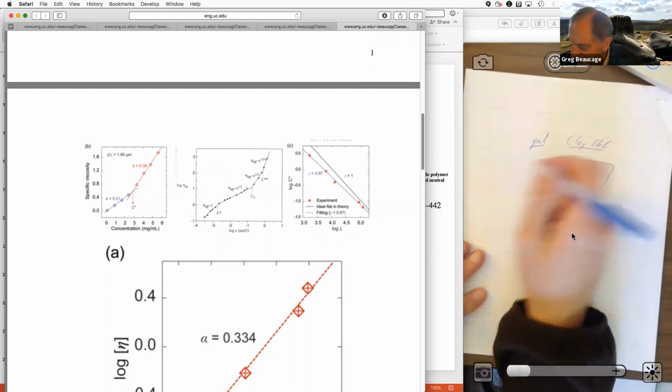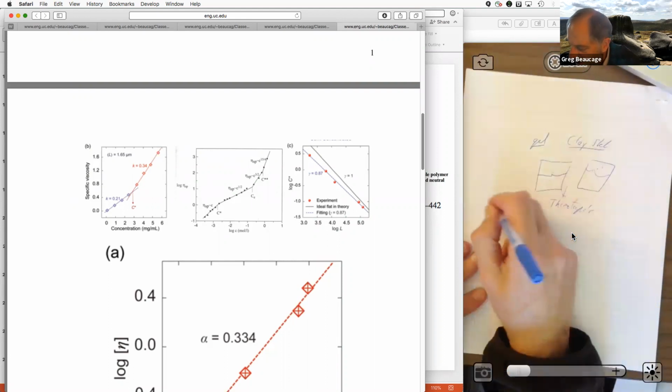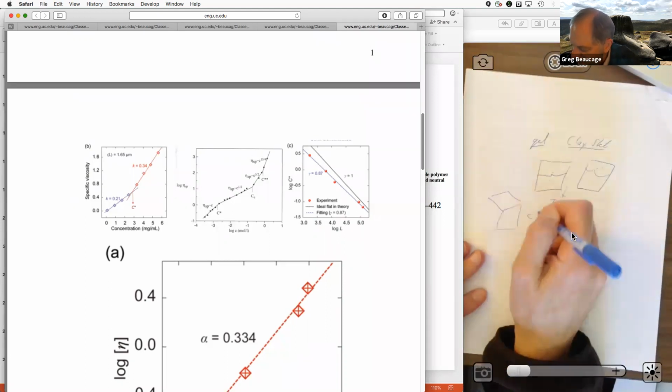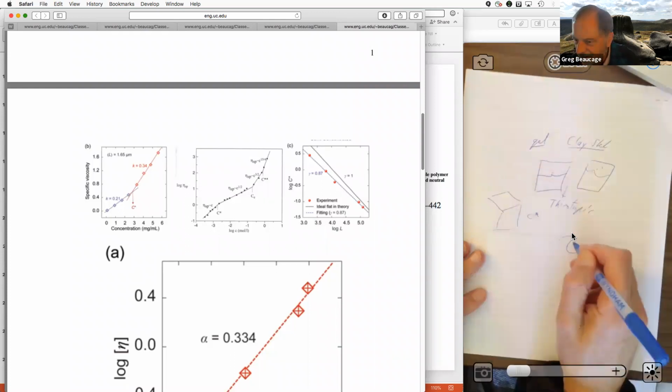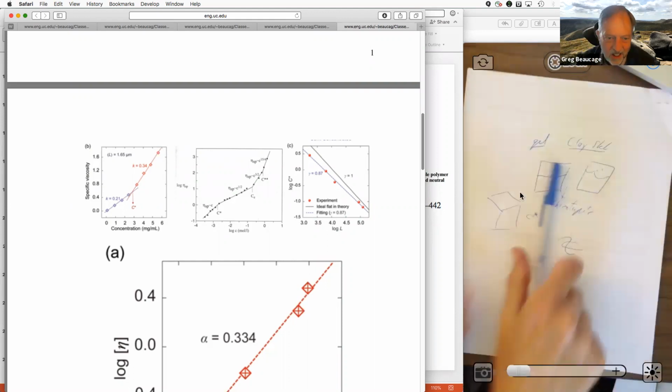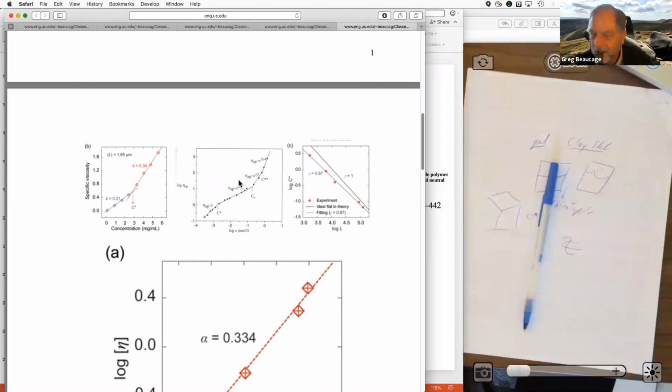Somehow these sheets have reached overlap, so they don't entangle in the sense of the kind of entanglement that would make a gel in a polymer. That's why he sees this steep concentration dependence once he gets to entanglement, because he's got something like a network forming.